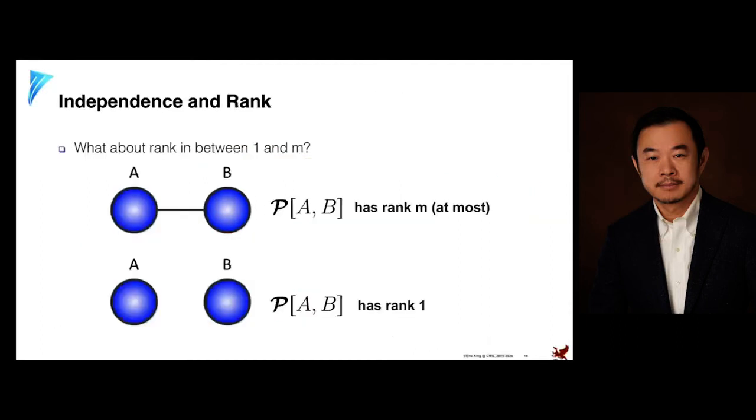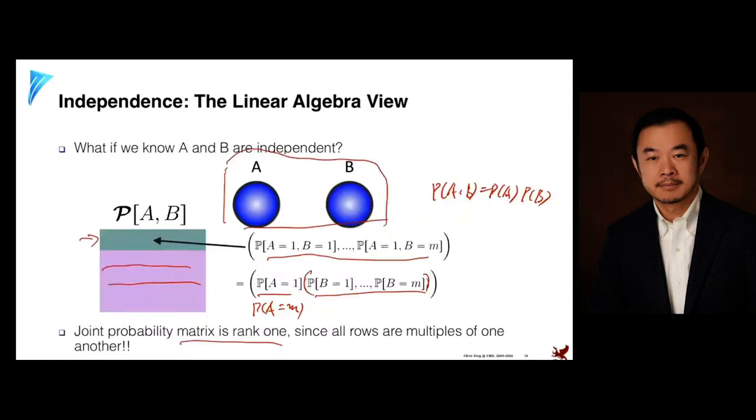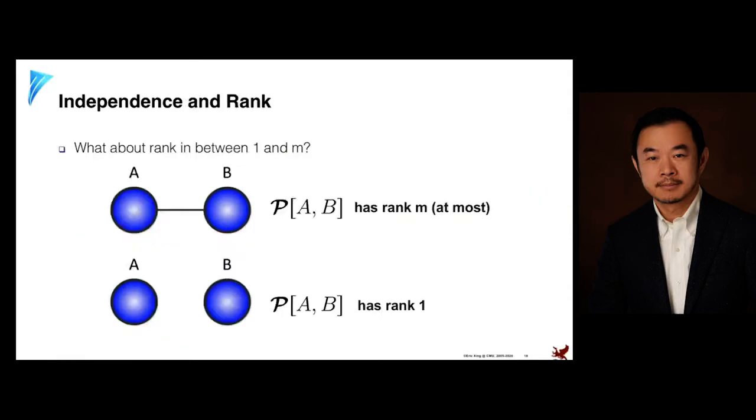And then if the two random variables are connected arbitrarily and all configurations are possible, then we have a matrix which has a full rank.